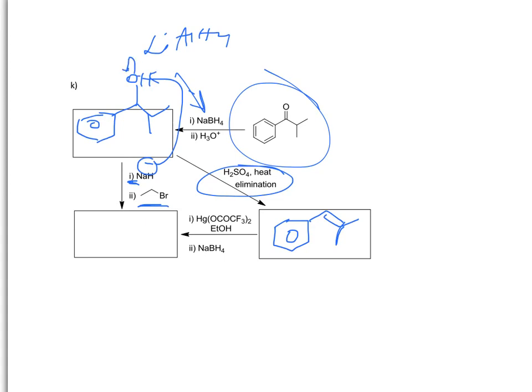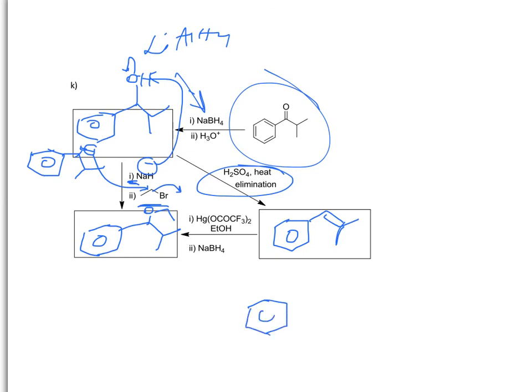It will generate O negative, so your species will be O negative, and then that negative attacks, Br leaves, your product would be oxygen with the ethyl, which is the same species that you will get if you treat this with the oxymercuration, remember, that we did in class, where you have the mercury and then you ring open with ethanol, and so the benzylic position is where it ring opens, and you end up with that after the demercuration process.